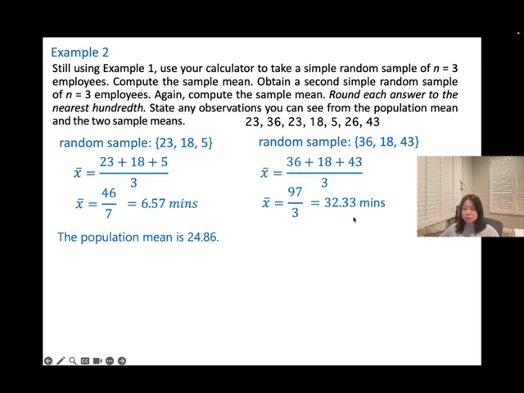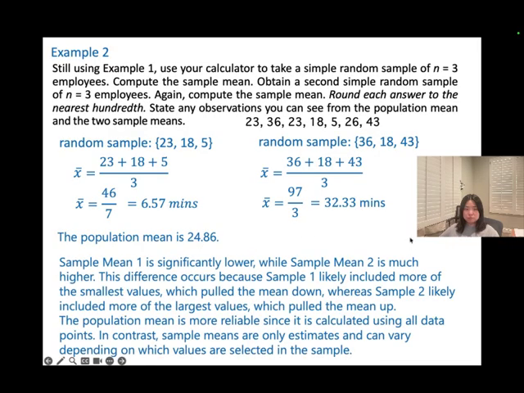Which means that we're going to pull the mean up. And that's why this number is a little bit higher than the population mean. So sample means are only estimates and can vary depending on which values are selected in the sample.